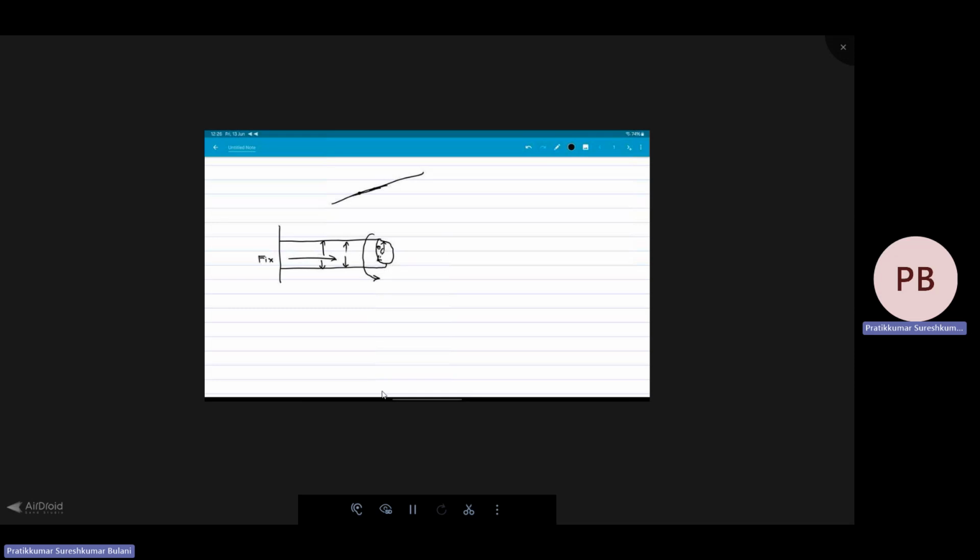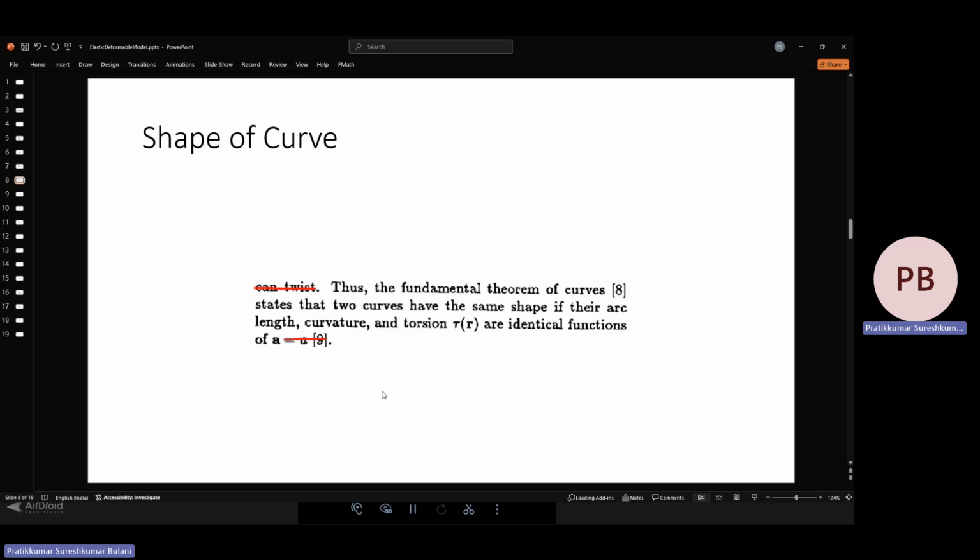So when length, curvature and torsion, all three, are constant, all three tensors, by the way, 1 cross 1 tensors, you can call them scalar also. Let me call it a tensor for now. Even if all three are constant for both the curves, then both the curves are shape equivalent.